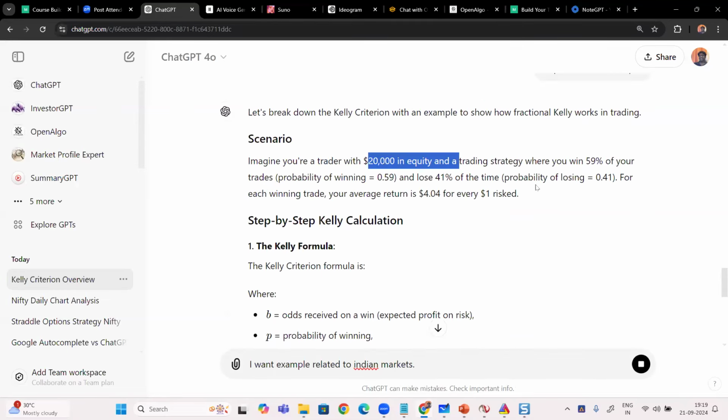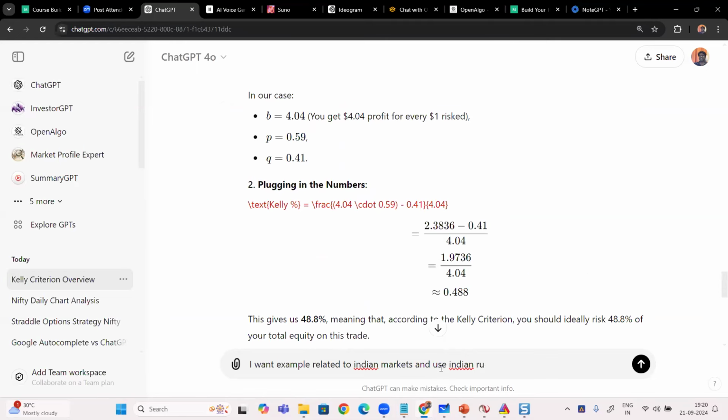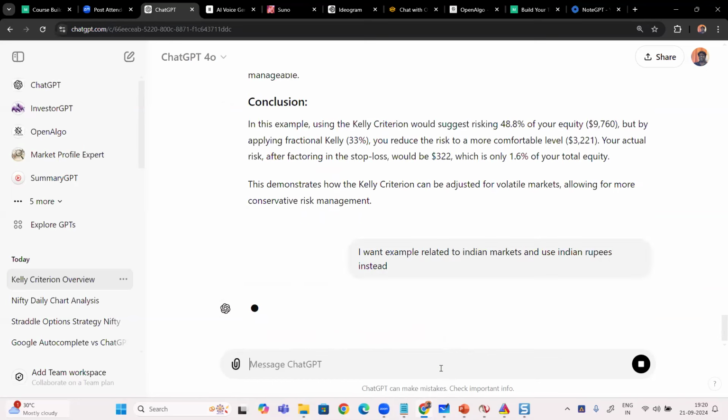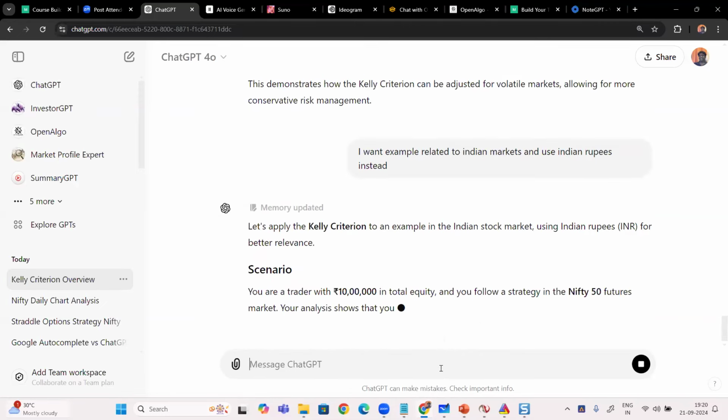Here it is mentioned in dollar terms, but maybe I just want it explained in Indian terms, Indian markets, and use Indian rupees instead. So now if I say that, it comes up with better explainers related to Indianized examples.